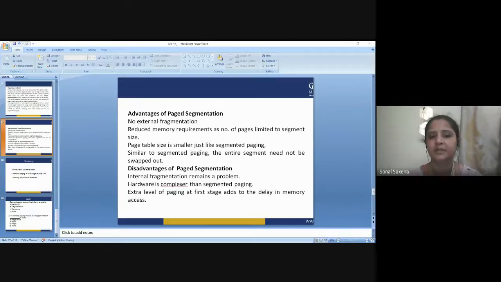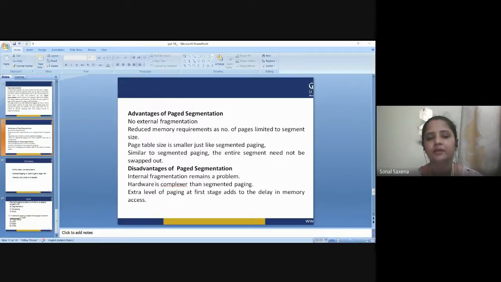Now, substituting the values in the condition we discussed, we get 16K divided by n bytes is less than or equal to n bytes. Then 16K divided by n is less than or equal to n.